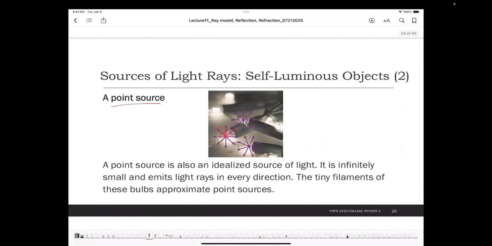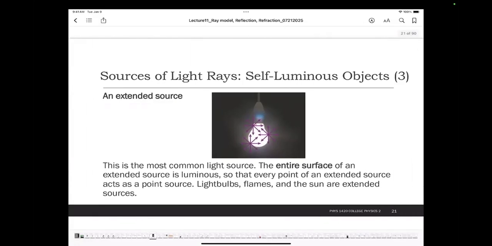It emits light rays in every direction. And an extended source is the most common light source. The entire surface of an extended source is luminous, so that every point of an extended source acts as a point source. Light bulbs, flames, and the sun are extended sources. Those are the kinds of sources we see more often in the real world.